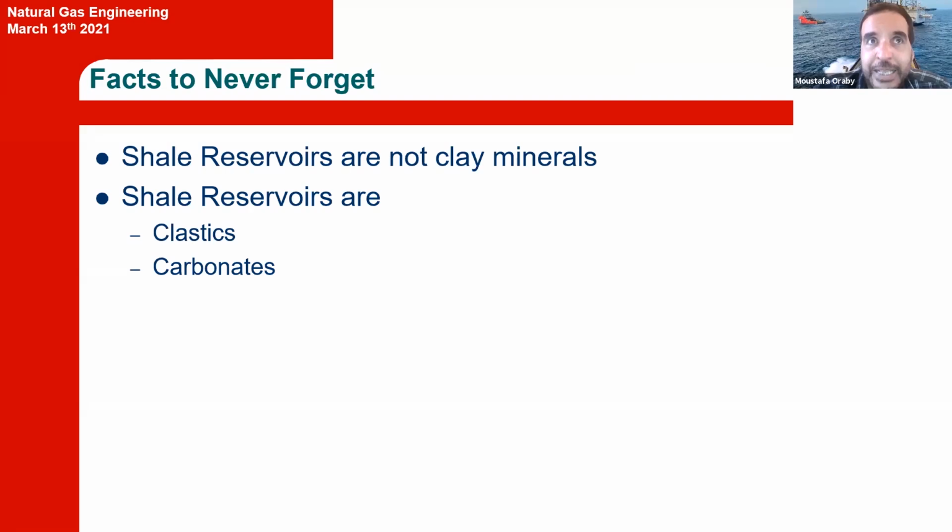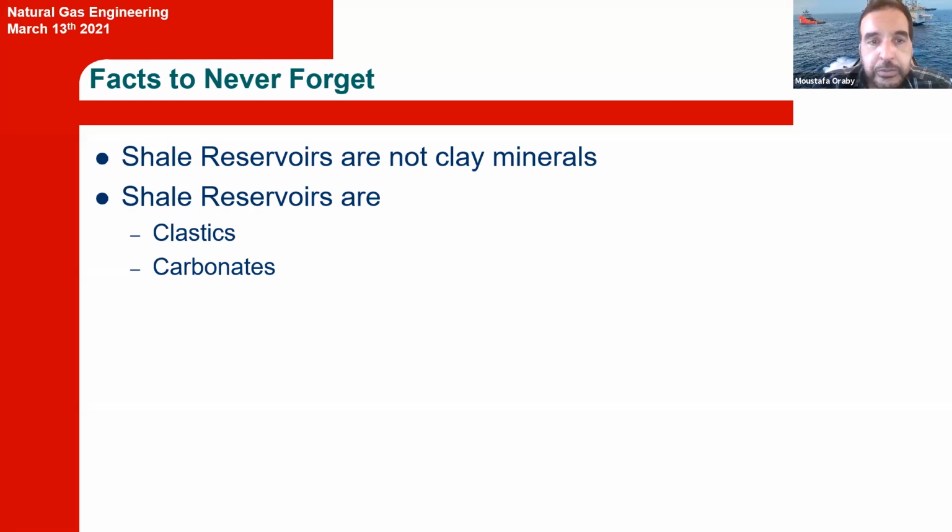So if your sandstone grain sizes are between these two numbers, or your carbonate grain sizes are between these two numbers, your clastics and your carbonates are considered shale. Okay, so shale is not clay mineral. It's anything within the geological definition of the word shale, which is related to grain sizes between 0.001 to 0.004 millimeters.